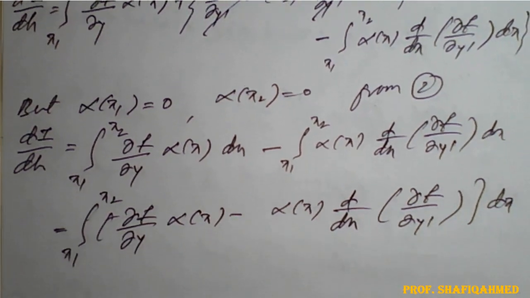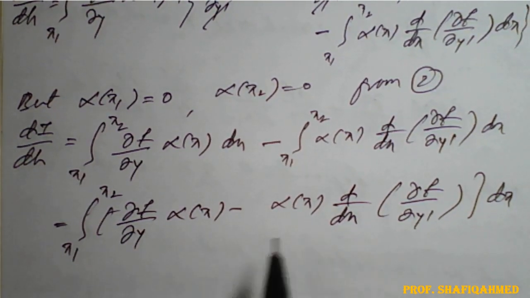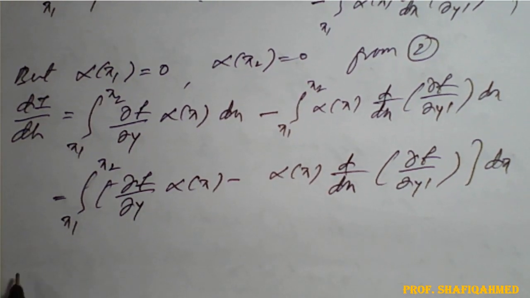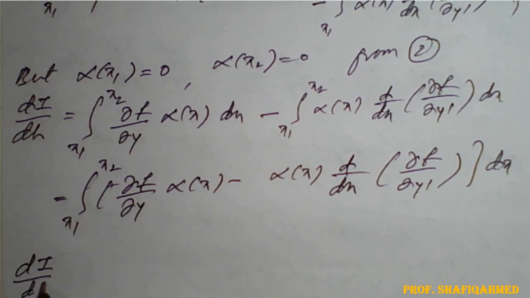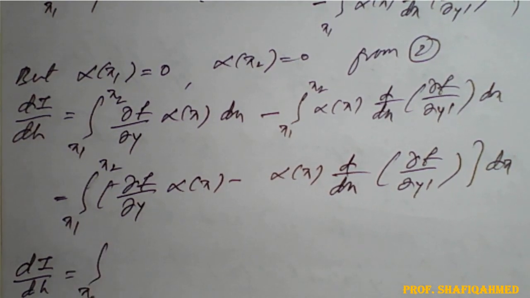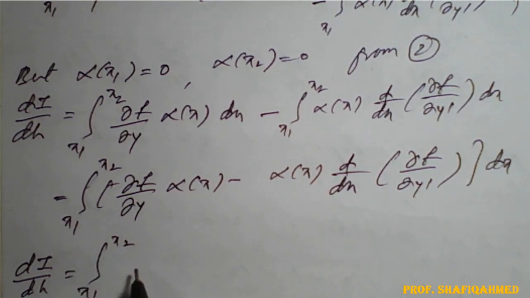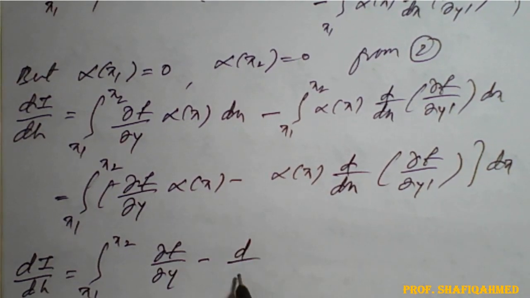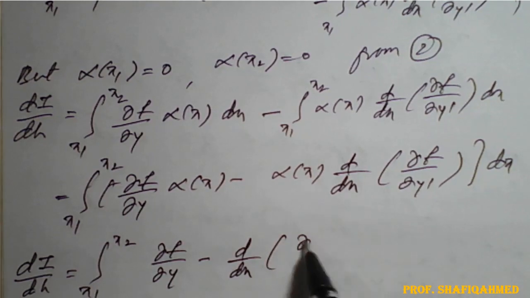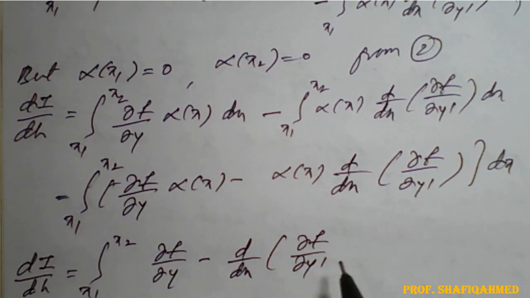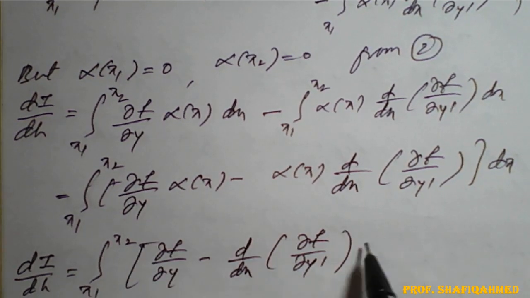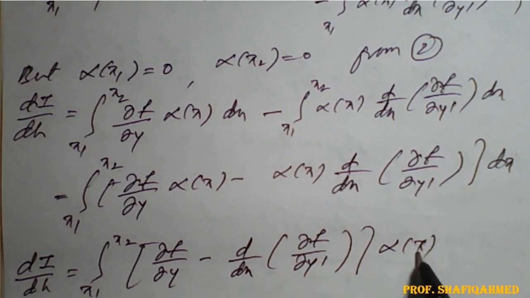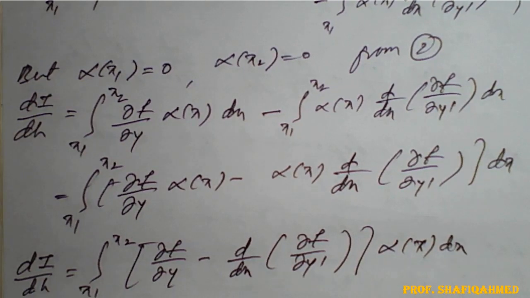Alpha of x is common for both, so the result becomes di by dh is equal to integration x1 to x2 of dou f by dou y minus d by dx of dou f by dou y dash, into alpha of x, which I have taken common, then into dx.